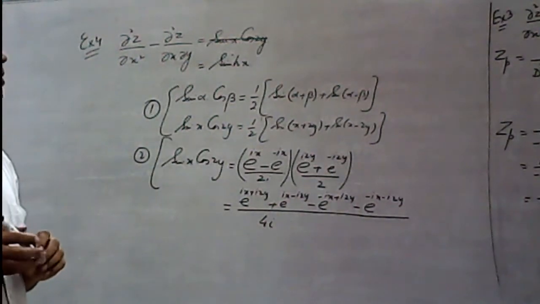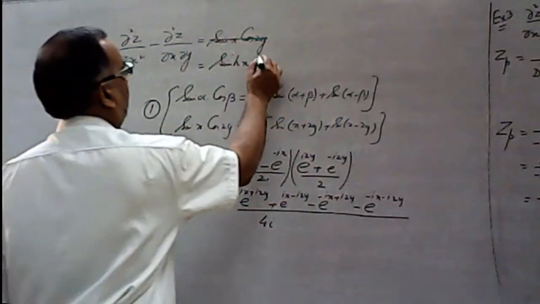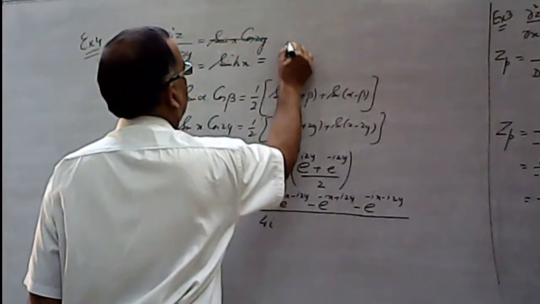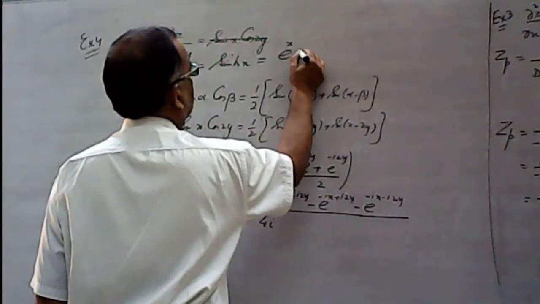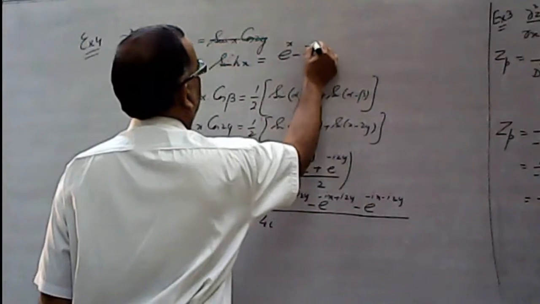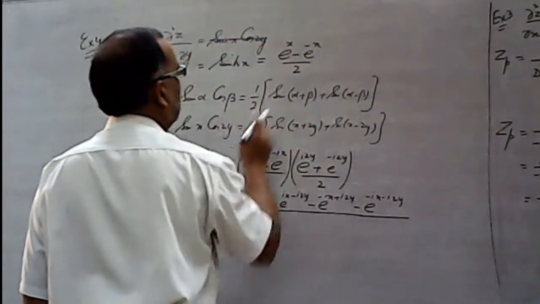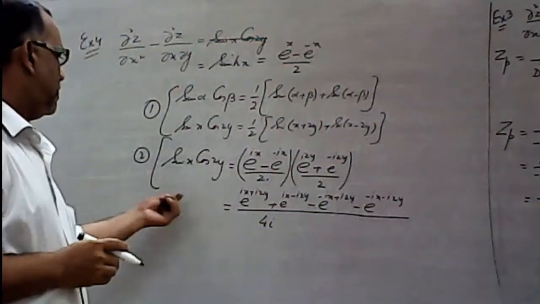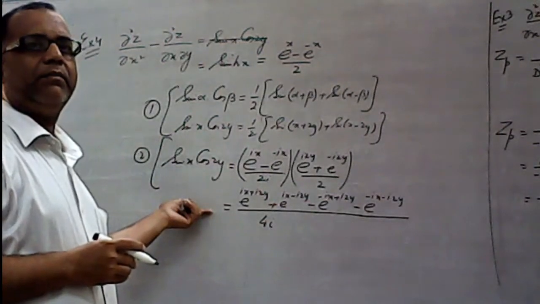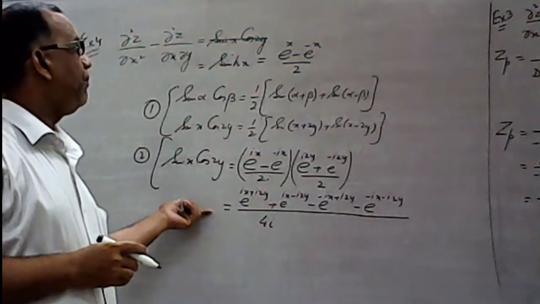Then how will we proceed? If I write in this place (e^x − e^(−x))/2, then again method 1 will be applied.